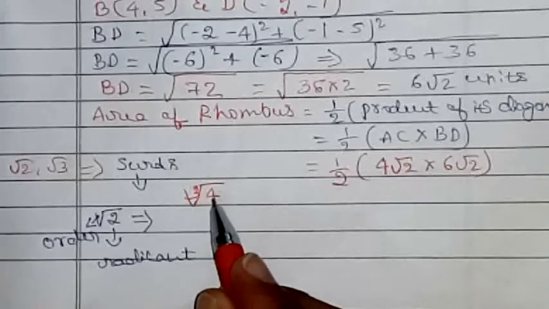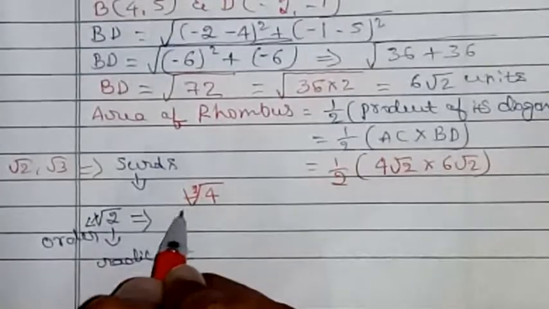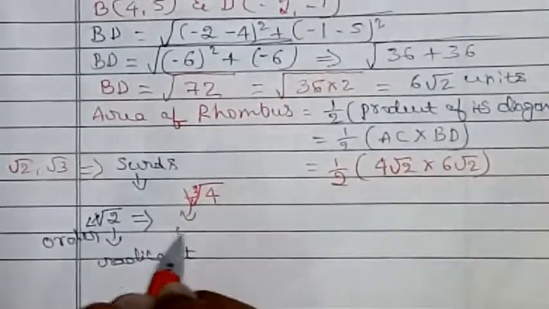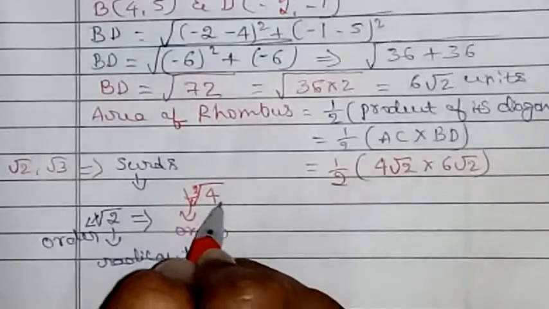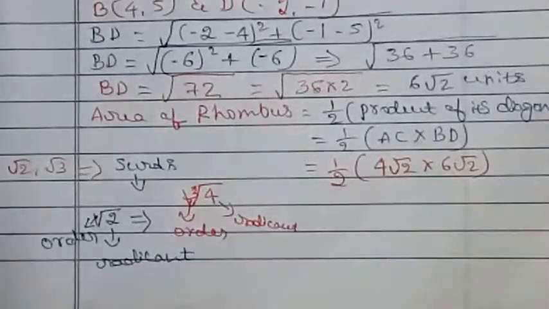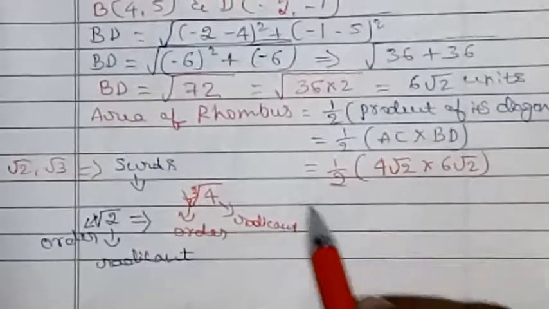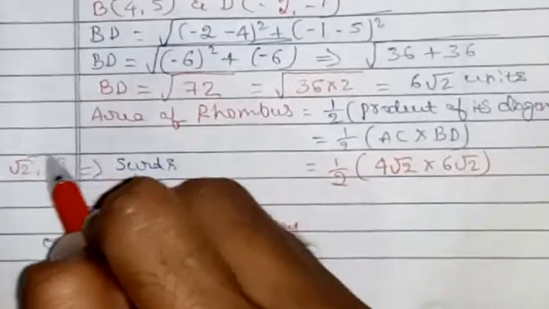Whatever comes here is called the radicand. So what is the order here? Here this is the order and this is the radicand. Okay, children. So this is the example that I am saying, children. So right, I'll write one line here, like this.